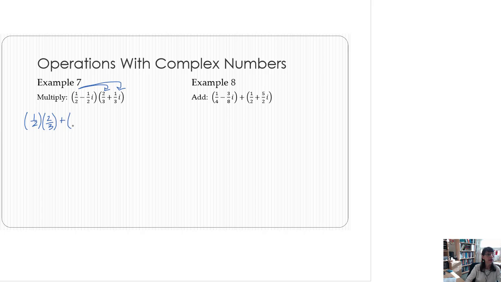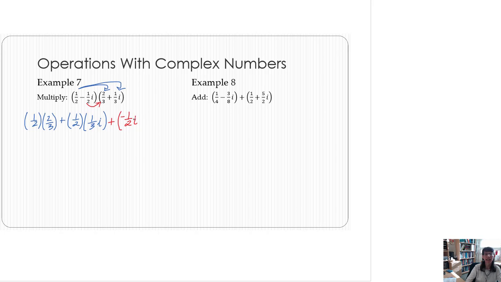So we'll be adding the product of 1/2 times positive 1/3 i. My next distribution is with negative 1/2 i. So negative 1/2 i is multiplied by positive 2/3. So I will just include that negative with the fraction.